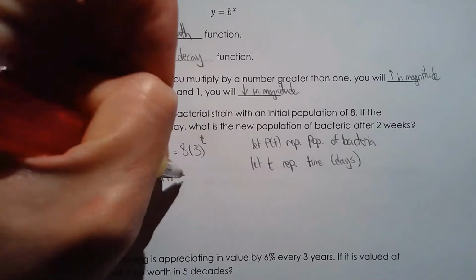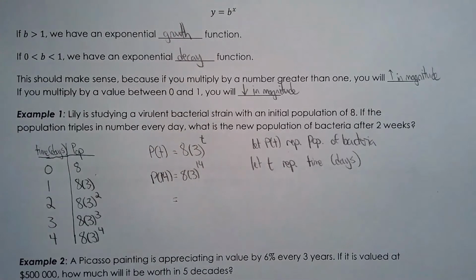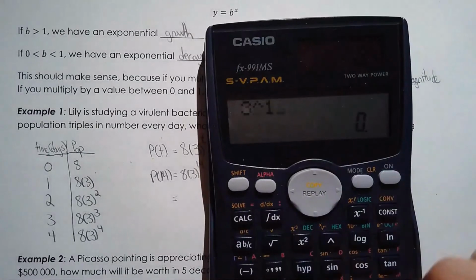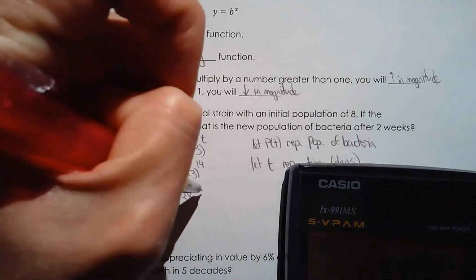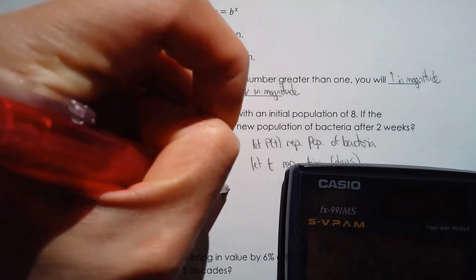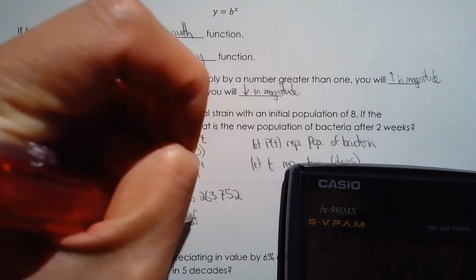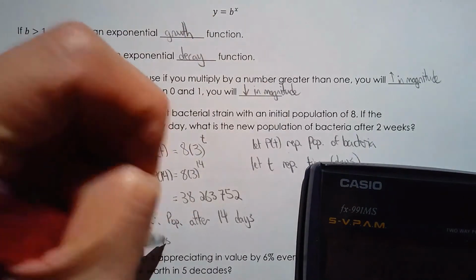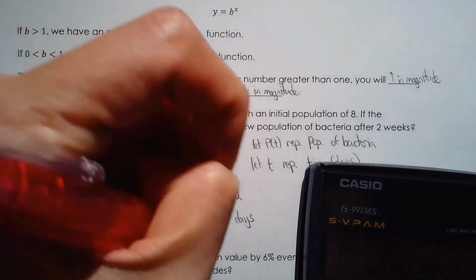Because 2 weeks is 14 days. Let's see. So wow, 38 million. $38,263,752.